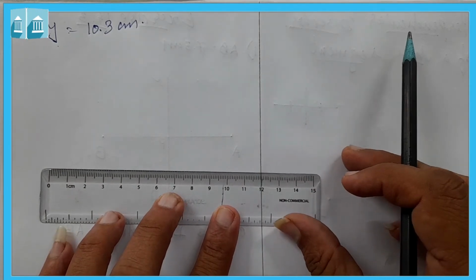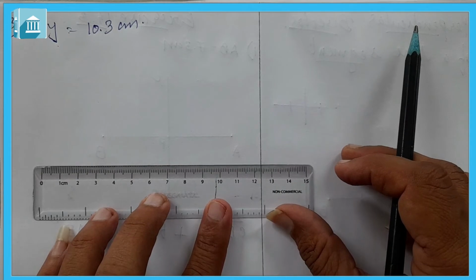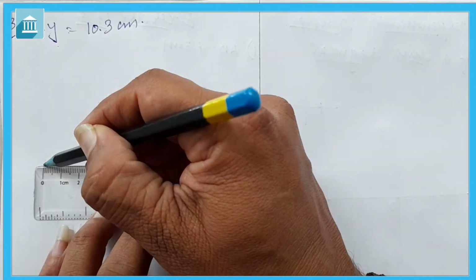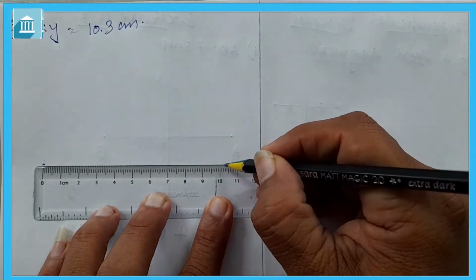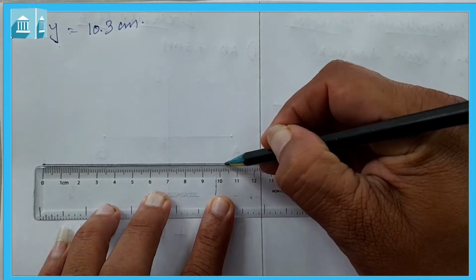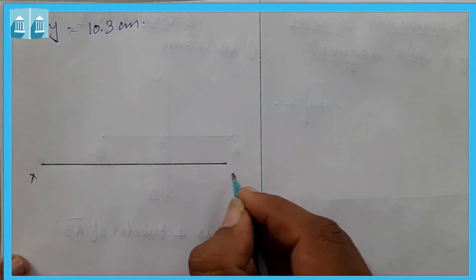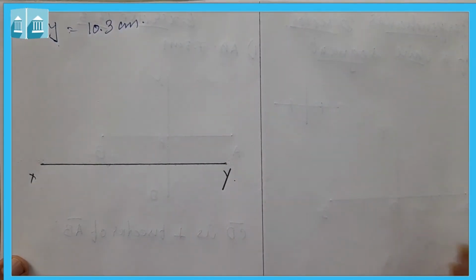So in the center we will draw line segment XY, which is 10.3 centimeter, means from here one point and 10.3 centimeter, that is here. Between these two, this is our line XY, 10.3 centimeter.